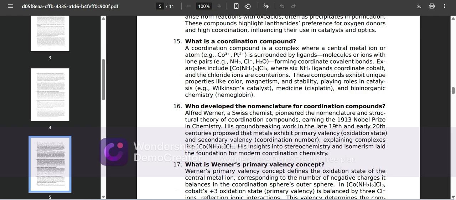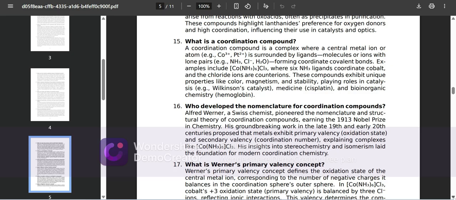What are coordination compounds? A coordination compound is a complex where a central metal ion or atom, example Co3+, Pt2+, is surrounded by ligands, molecules or ions with lone pairs, NH3, Cl-, H2O, forming coordinate covalent bonds. An example is Co(NH3)6 Cl3, where 6 NH3 ligands coordinate covalently and the chloride ions are counter ions.